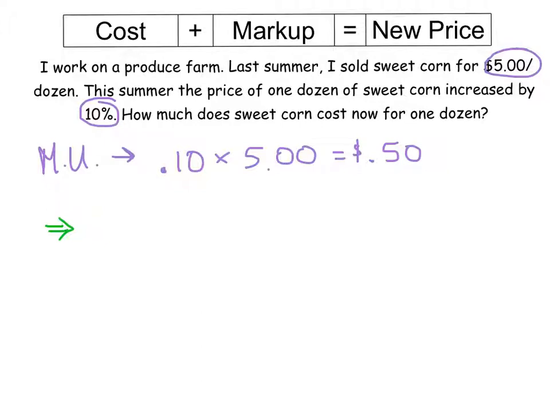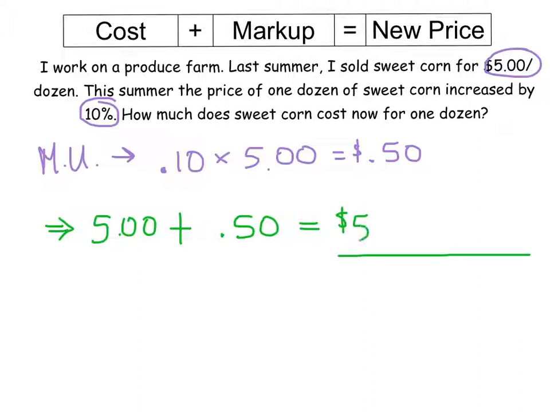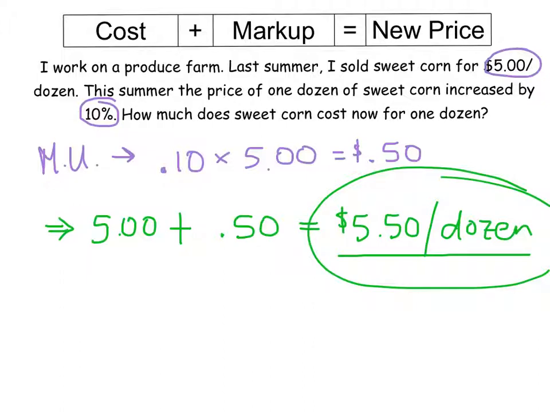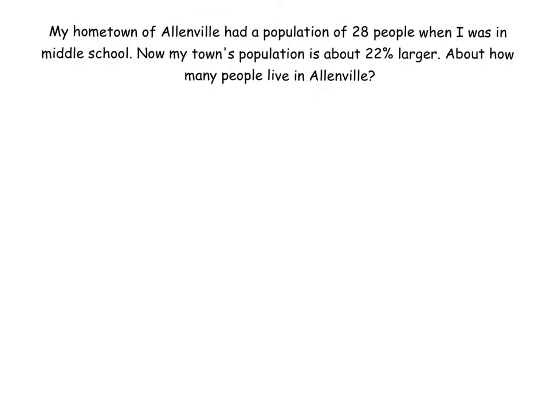So we take the cost, or the initial, of $5, plus, because it's going up, our 50-cent markup. And that will equal our new price of $5.50 per dozen. And that's it.